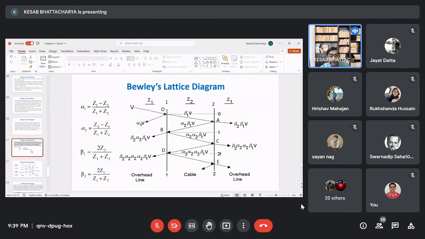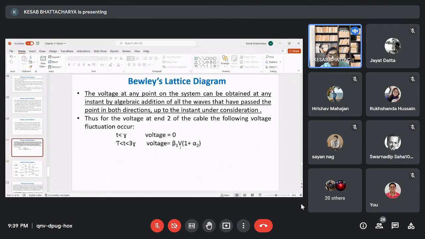Therefore, the voltage is beta 1 into V into 1 plus alpha 2. You tell me whether you have understood this or not, then we shall wind up for today.